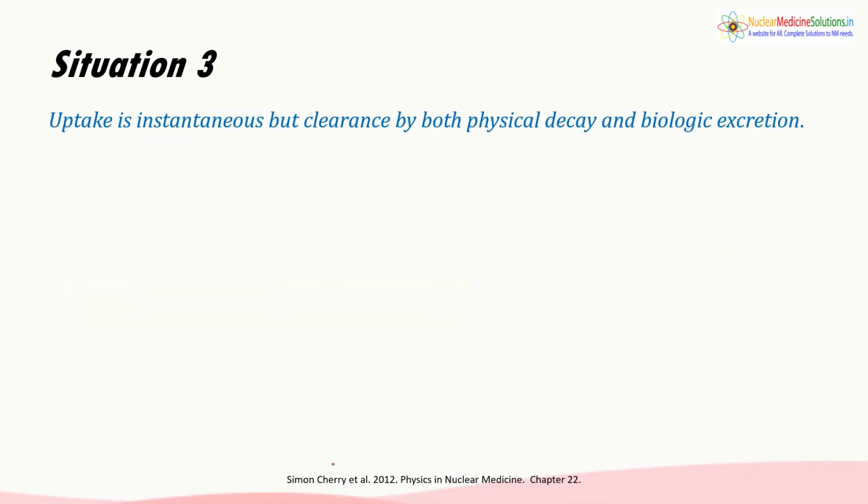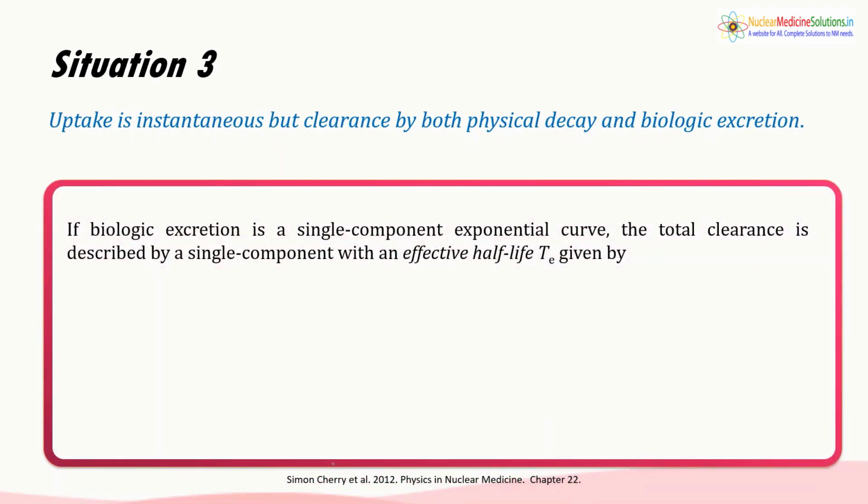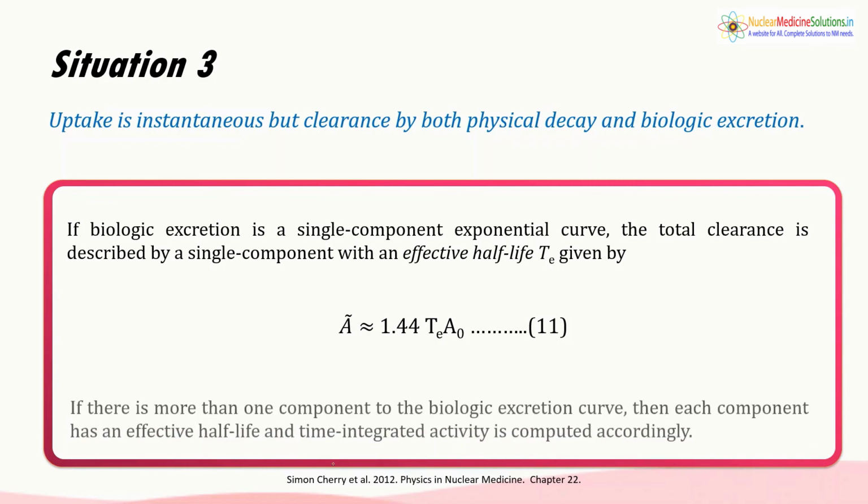In the third situation, uptake is instantaneous but clearance is by physical decay and biological excretion both. If biological excretion is a single component exponential curve, the total clearance is described by a single component with an effective half-life Te, which was the base formula for A tilde, equal to 1.44 into Te into A0.